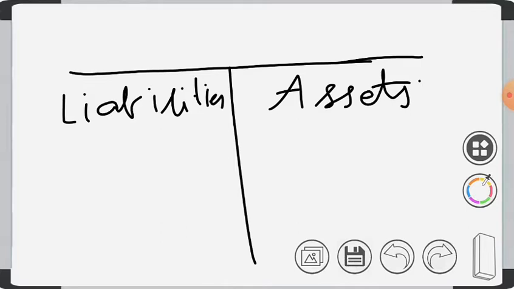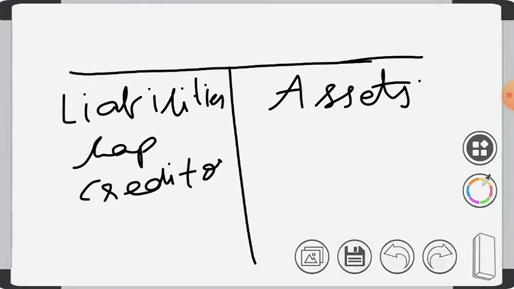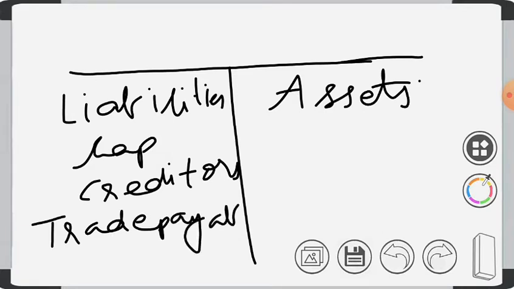On the left side, in liabilities, the elements are capital, creditors, trade payables, are the major items.